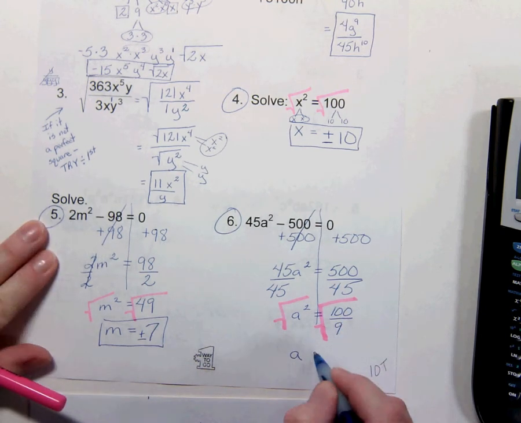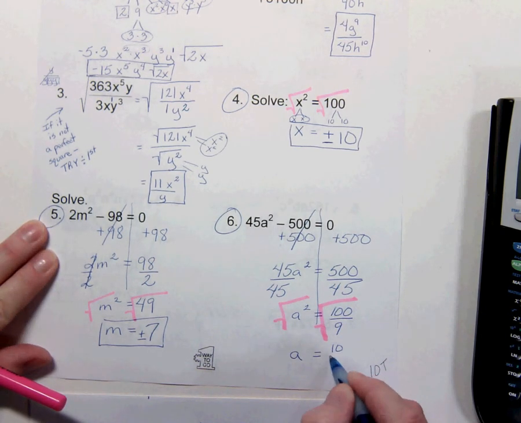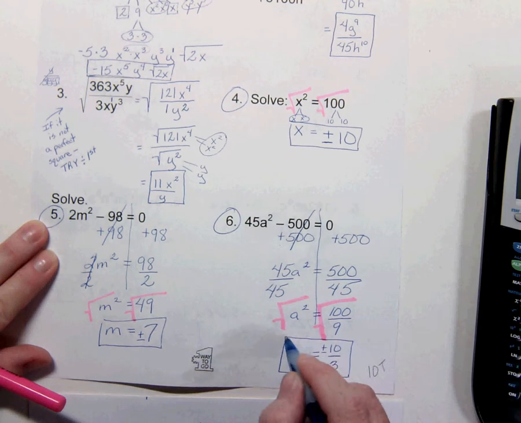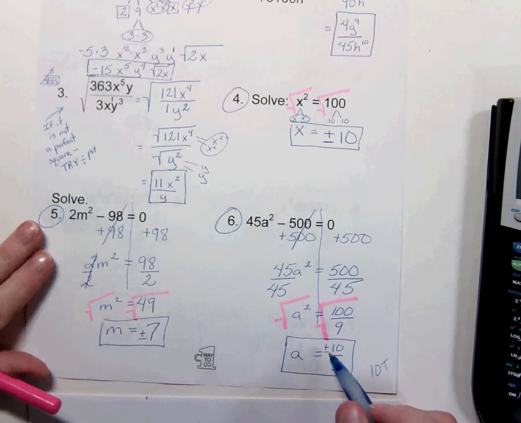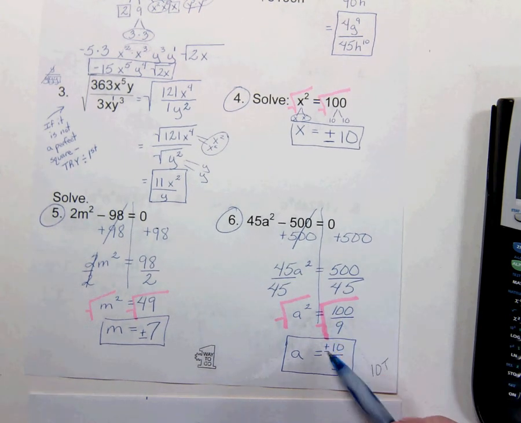So this is going to stay a fraction, but it's 10 over 3. And make sure you make that a plus or minus, because you can multiply 2 negatives to get a positive and 2 positives to get a positive. And that actually concludes the last section, 6, for Unit 7.